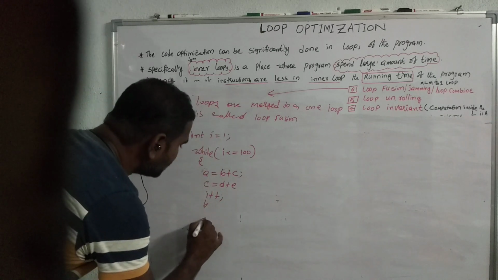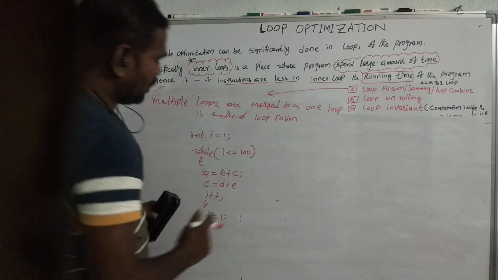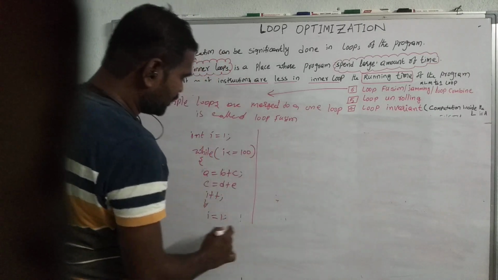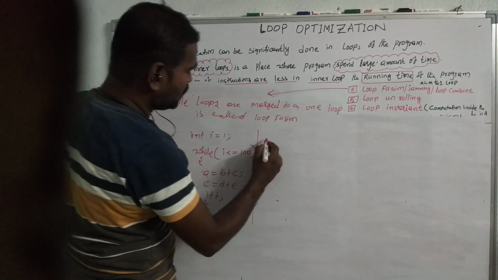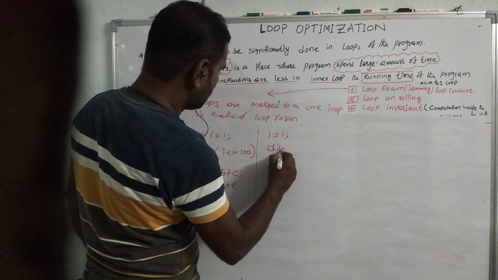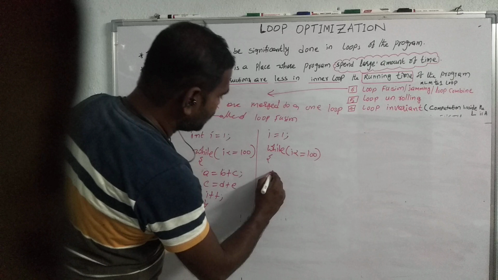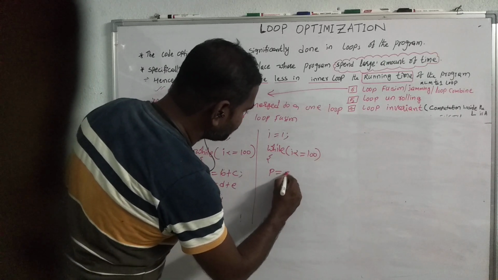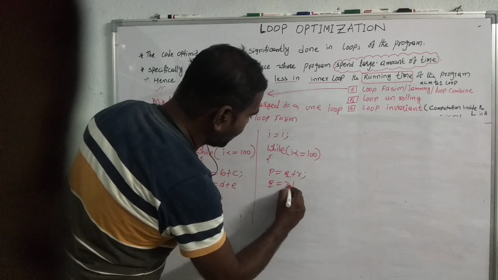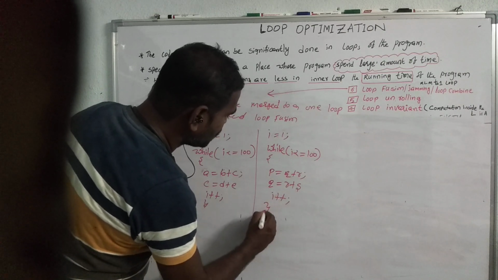After that, again initialize the I value as 1. While loop I less than or equal to 100, then here P is equal to Q plus R, next Q is equal to R plus S, then I plus plus.